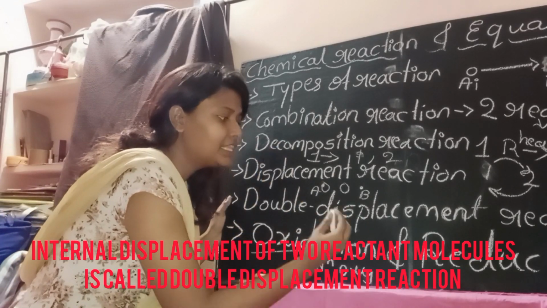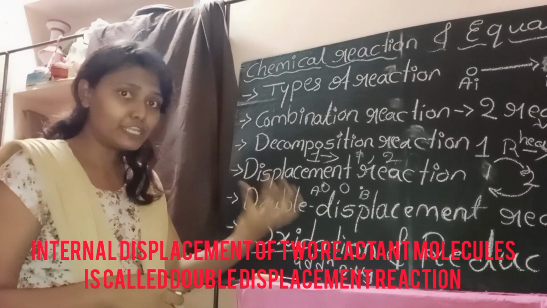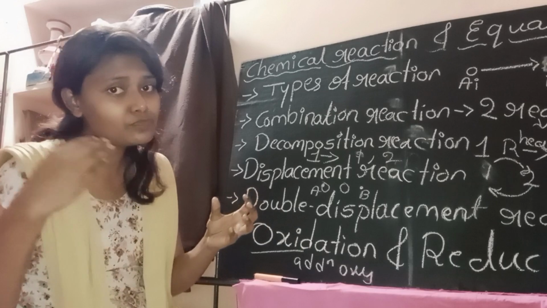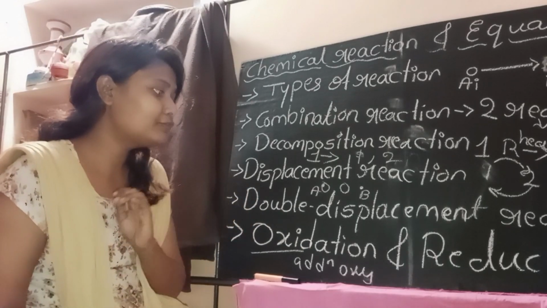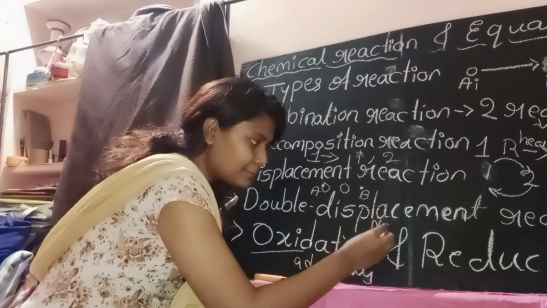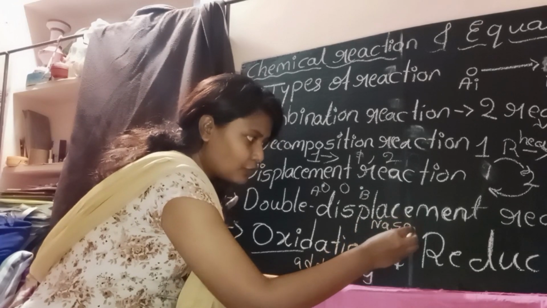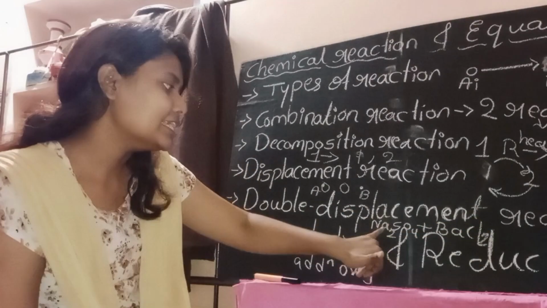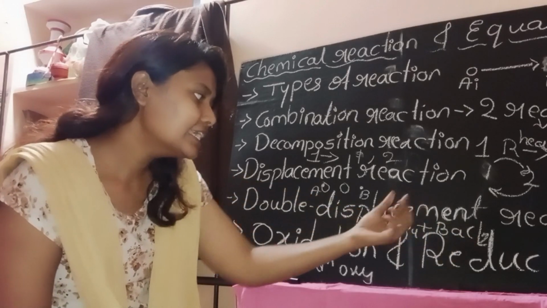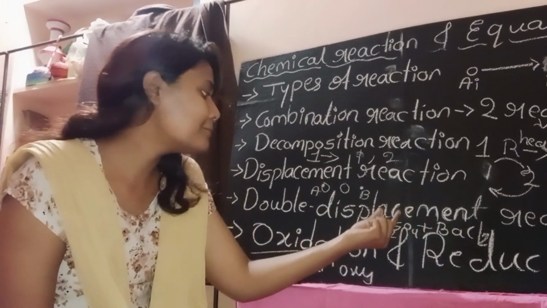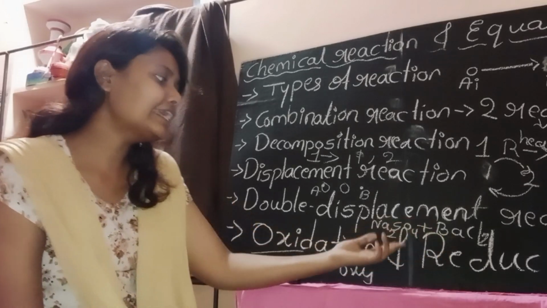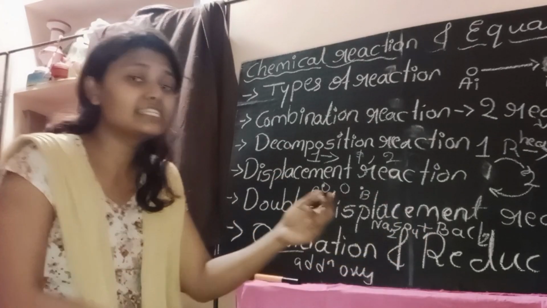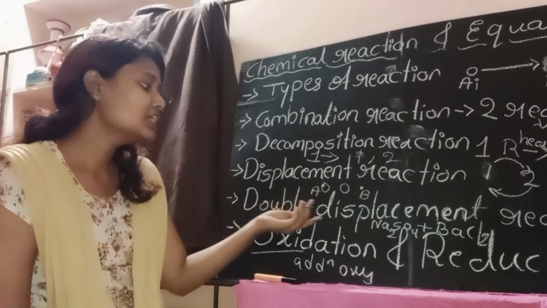For example, we'll take sodium sulfate, Na2SO4, which reacts with barium chloride, BaCl2. Here, sodium combines with chlorine and barium combines with sulfate. This is a double displacement: two molecules are exchanged with one another. Such a reaction we call a double displacement reaction.